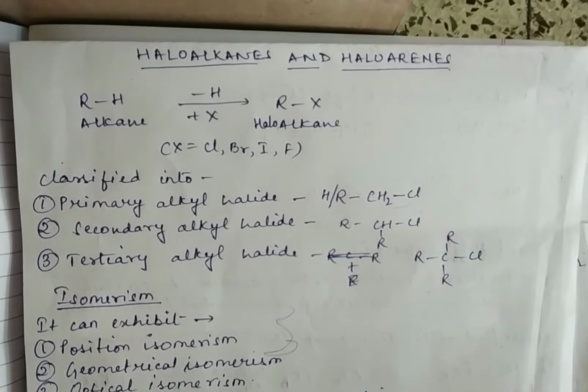Geometrical isomerism is exhibited by the alkenes, as you have learnt in class 11, the cis-trans isomerism, also known as geometrical isomerism. And the third one is optical isomerism. We shall learn optical isomerism in detail later.